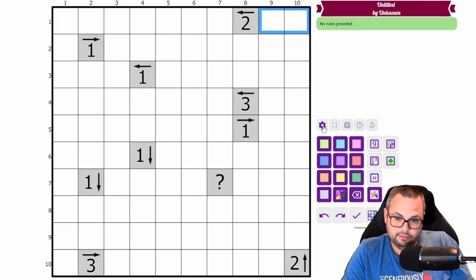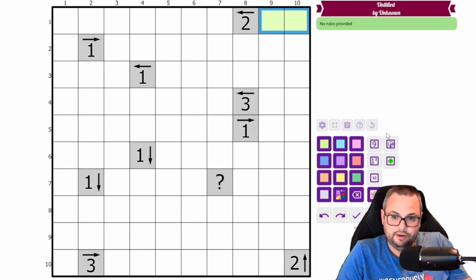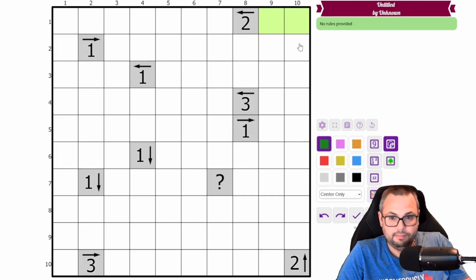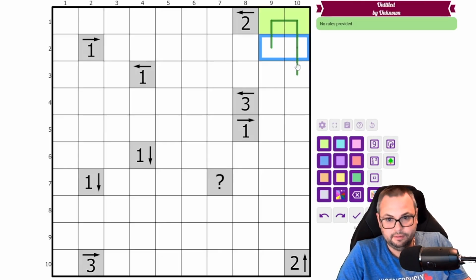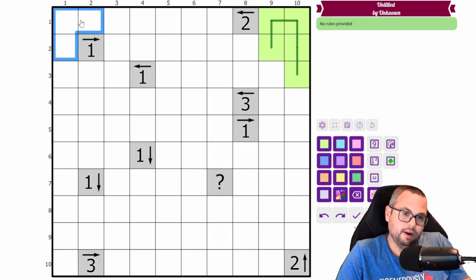Okay, so we know these are both safe, because of this observation that if either of them were broken, they would both be broken. So we can draw some loop over here. Loop extends down here. Likewise, around this corner, if this was broken, we'd sort of create a dead end.